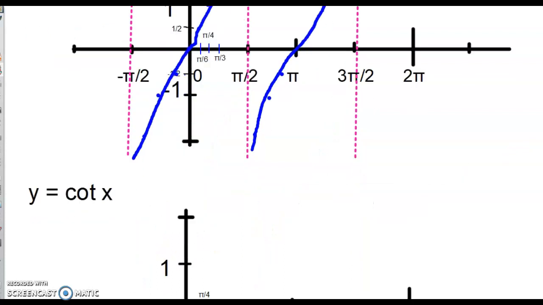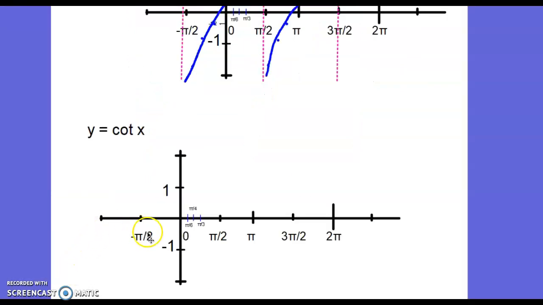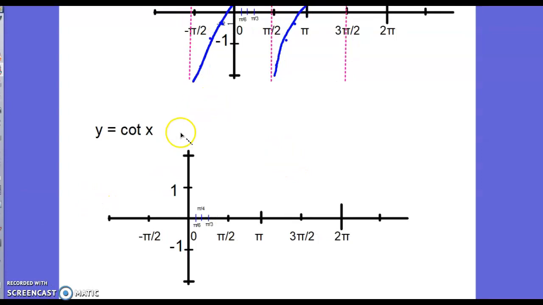Okay, we're going to go down here and graph the cotangent. And here we go with cotangent, folks. So the cotangent of 0 degrees is undefined. So we're going to need an asymptote there.